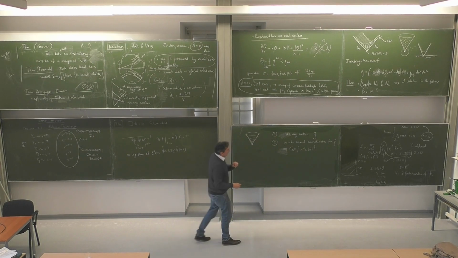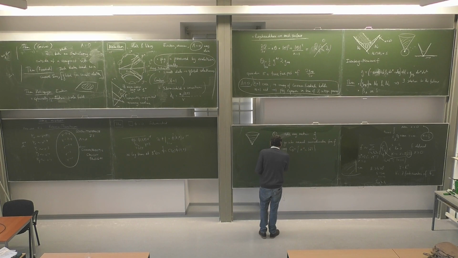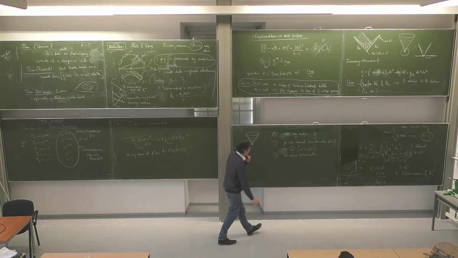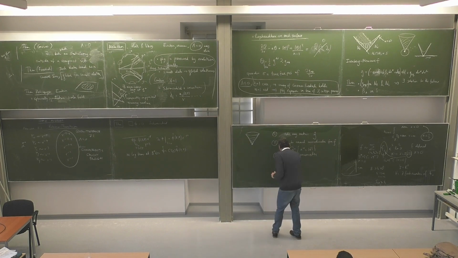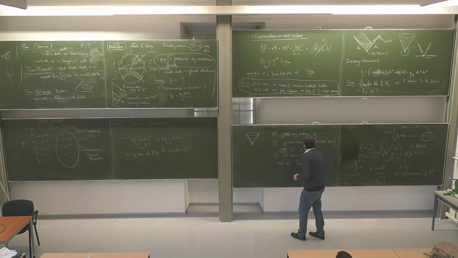And then you can perhaps parameterize, use the affine parameter on the geodesics, x, and then read off GAB from B0. Right?